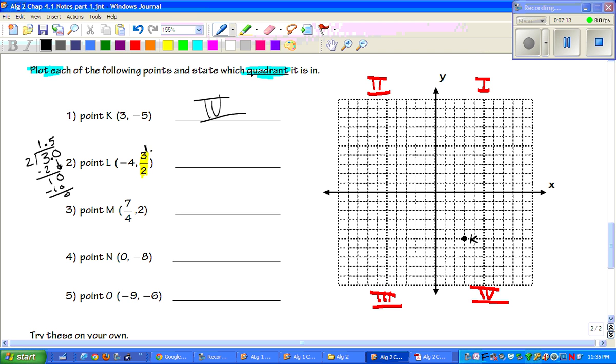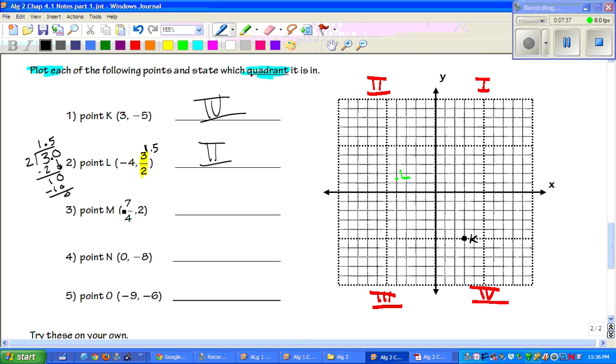So this is saying 1.5. Let's find out where point L really is. It's negative 4 and then 1.5. So it's kind of right in the middle. And then we're going to write down what letter it is. And that is in the second quadrant.